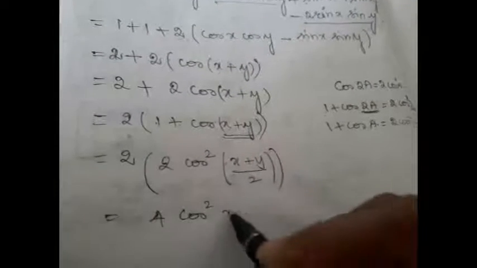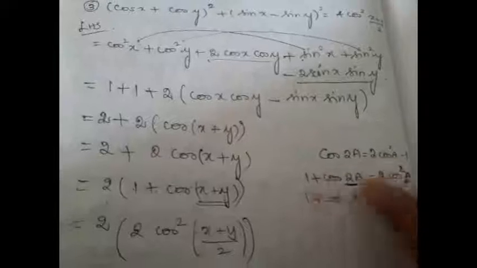So now 1 plus cos x can be written as 2 cos square a by 2, which is your a now, x plus y. So x plus y divided by 2, which is nothing but 2 cos square of x plus y by 2. This is what we need to prove, which is nothing but your right hand side.